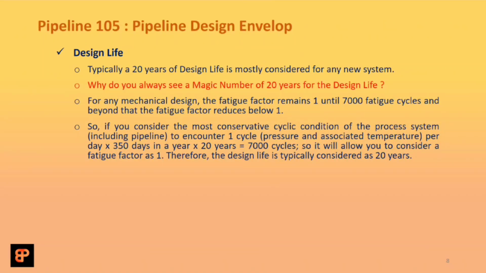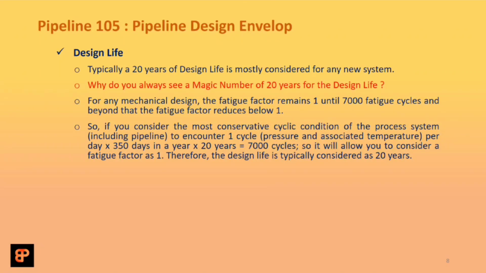But even if you consider that happening once every day, and assume 350 days as a round figure for a year, then 350 cycles can happen per year. Multiplied by 20 years, it becomes 7,000 cycles.